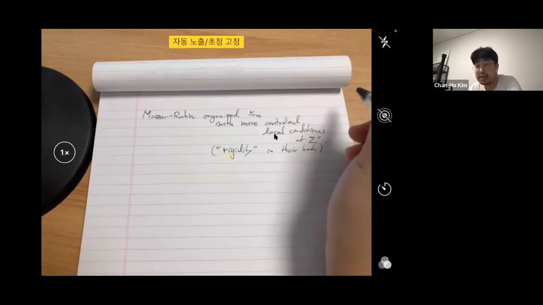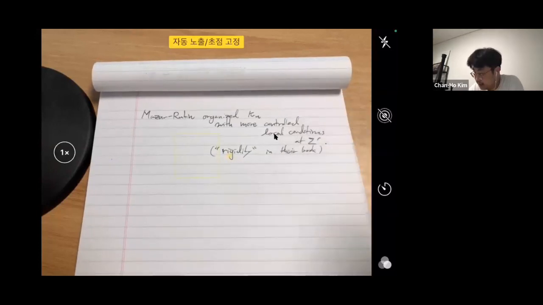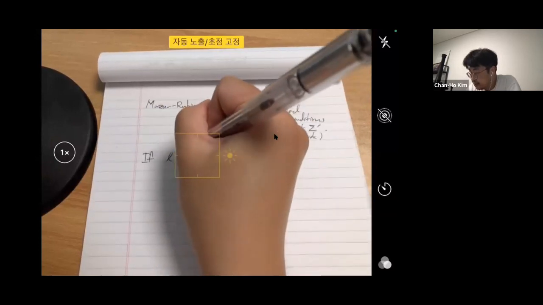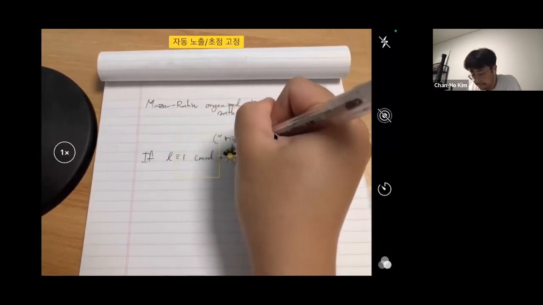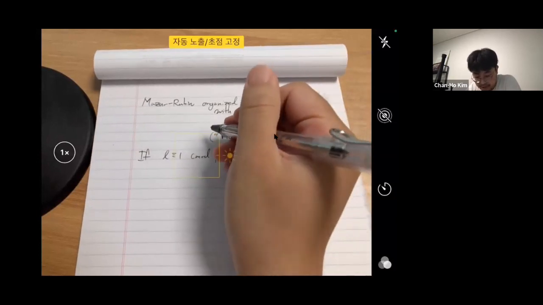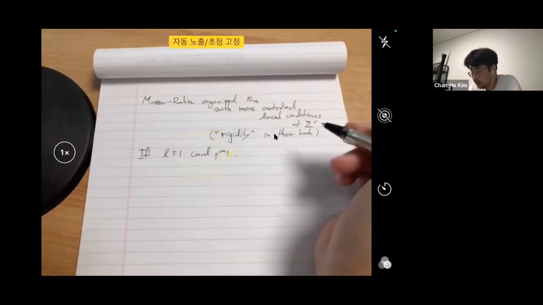Okay, now let me introduce what they are. If L is congruent to 1 modulo P to the M, then the so-called transverse local condition is defined as follows.